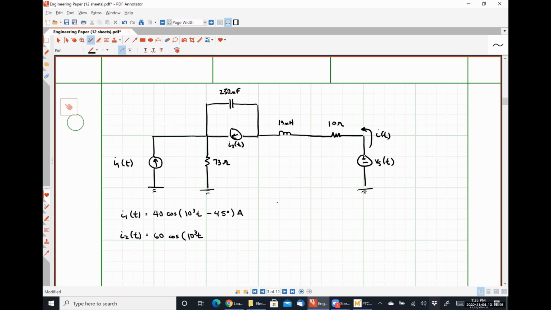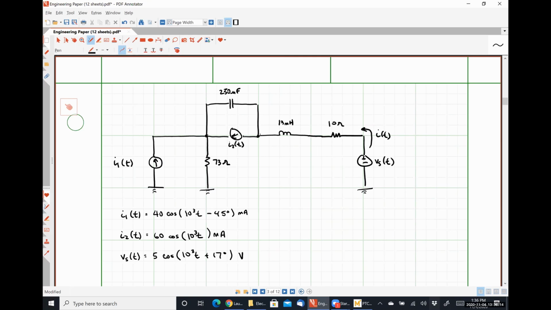Sorry, let's make that milliamps. Milliamps. And lastly, Vs of t is 5 cosine 10 to the 3t plus 17 degrees volts.